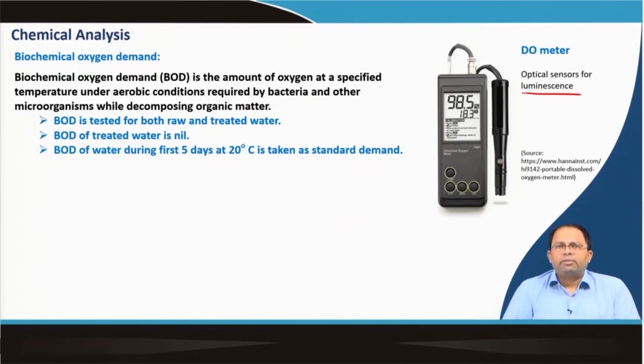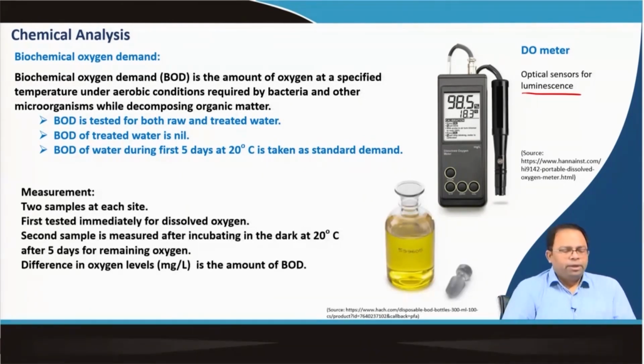We store the water at 20 degrees centigrade, and we measure the DO levels at the end of 5 days. The BOD of water during the first 5 days at 20 degrees centigrade is taken as the standard biological oxygen demand.